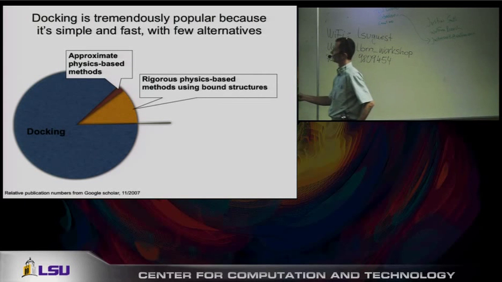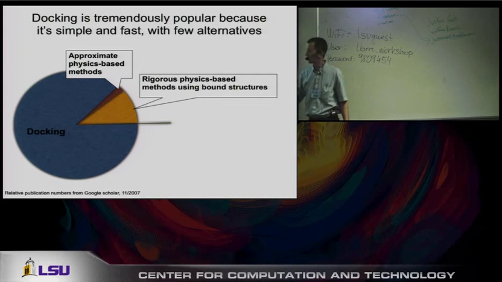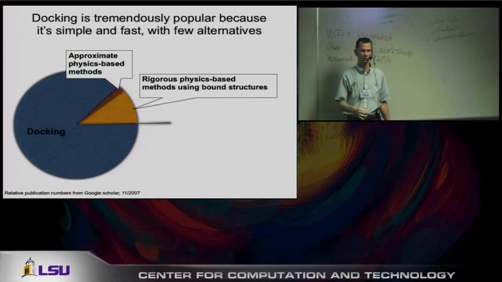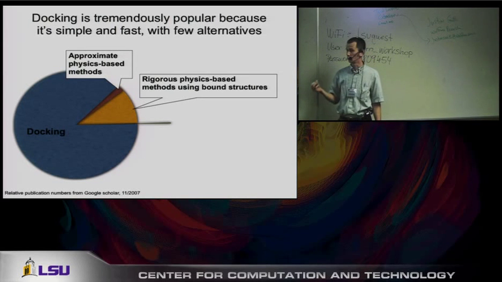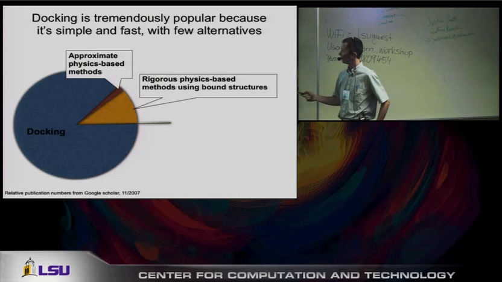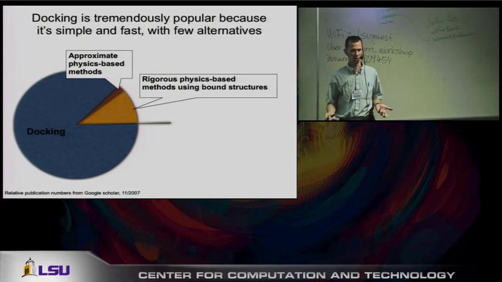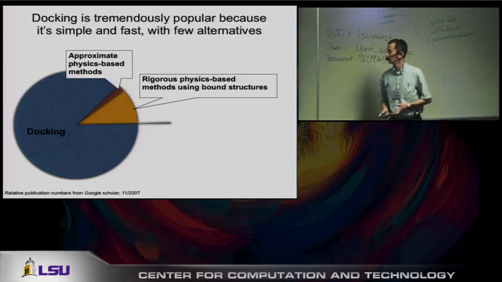This orange piece of the pie here is rigorous physics-based methods that do evaluate binding free energies, but they require a structure of the ligand you're interested in in the protein receptor, or at least a related ligand in the protein receptor. And that's not necessarily always the case when you're trying to predict binding of a new molecule, perhaps in advance of making it, because you haven't made it yet and you don't know how it's going to bind.